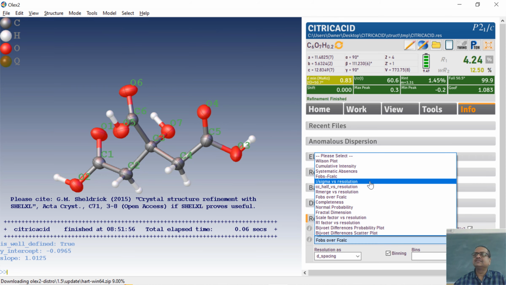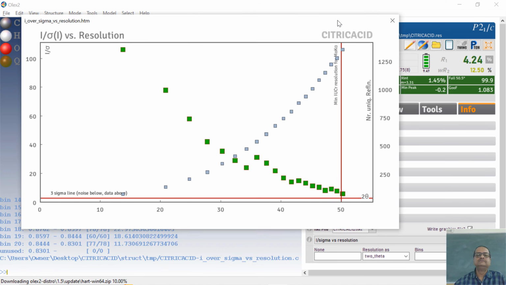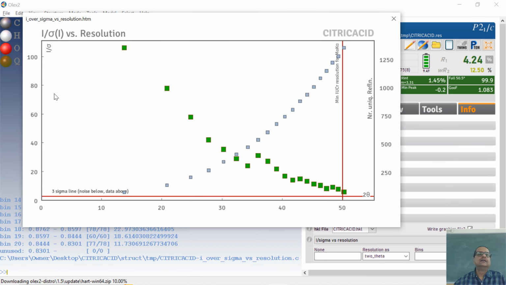I by sigma versus resolution. It started at a very high value. At low angle, it has gone skyrocketing. But at 50 degrees, it is about 5.8. Sometimes when the crystal is weakly diffracting, you may see that this line falls below this red line much before 50 degrees in theta.